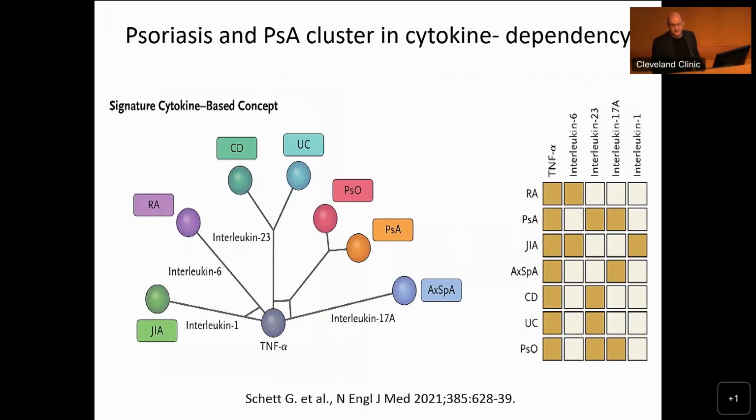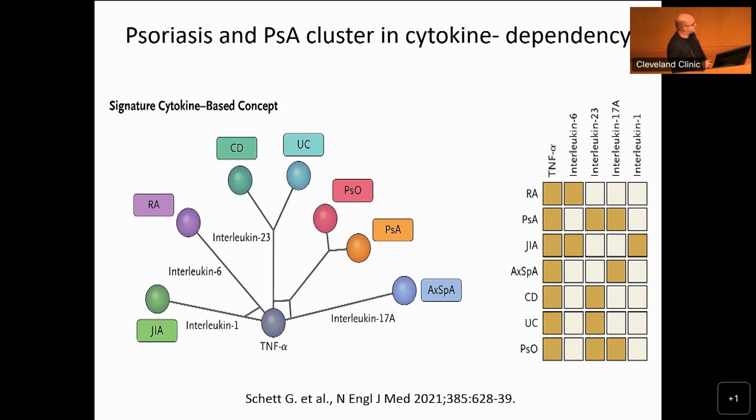But I think that's already partially left in oncology, and I think more and more we leave that also in inflammatory medicine, and this is just highlighted by this tree here, that of course TNF is a common trunk for many inflammatory diseases, not all of them, but then other cytokines differentiate the branches, and you can see here an interleukin-1 branch for certain forms of juvenile idiopathic arthritis or in gout, an RA branch with IL-6, an IL-23 branch for IBD, and the combination of psoriasis and psoriatic arthritis with a combo of the IL-17 and IL-23 arm.